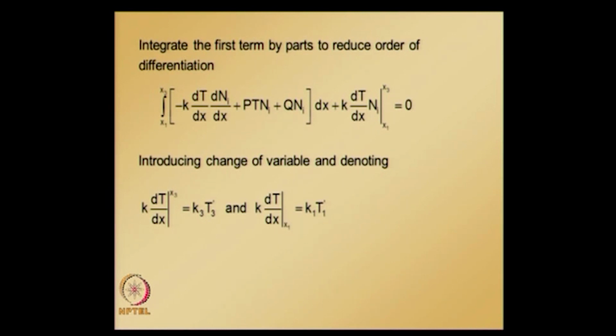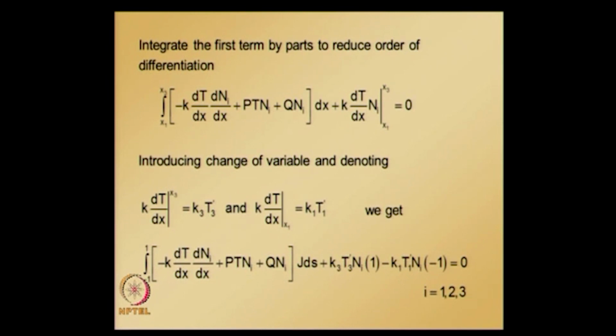Denoting k times the first derivative of T with respect to x evaluated at x3 as k3 T3 prime, and k times the first derivative of T with respect to x evaluated at x is equal to x1 as k1 T1 prime, we are going to get the equation after introducing the change of variables and using this notation.